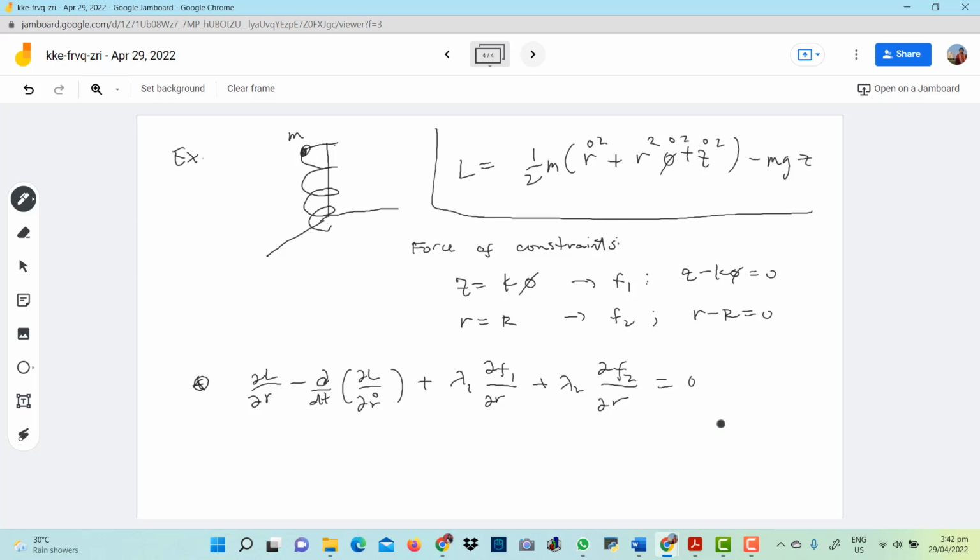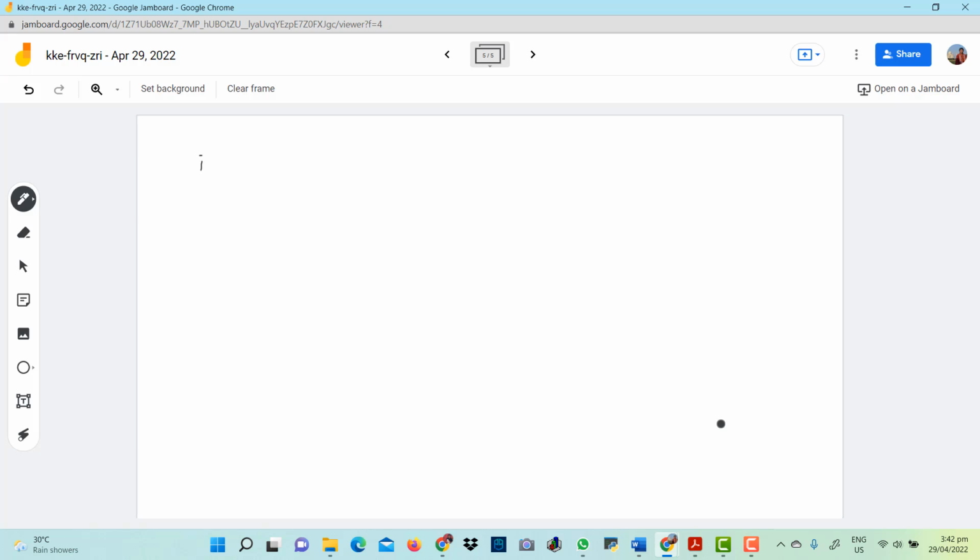So from that, if you do derivatives, you will get 3 equations. The first equation is m r phi dot squared minus m r double dot plus lambda 2 equal to 0.